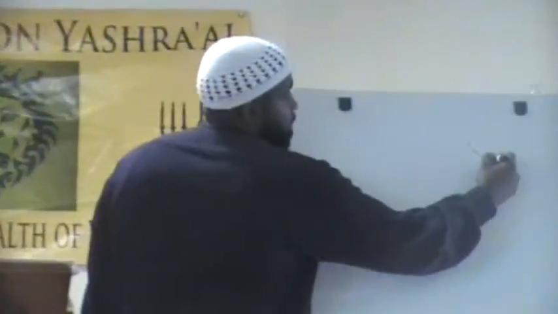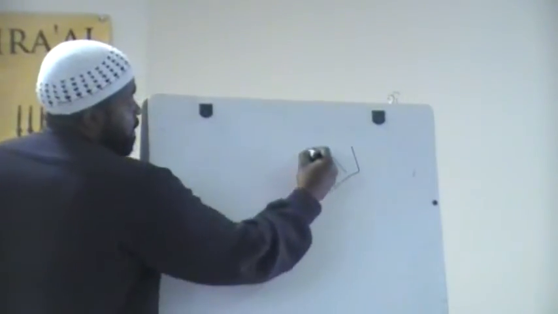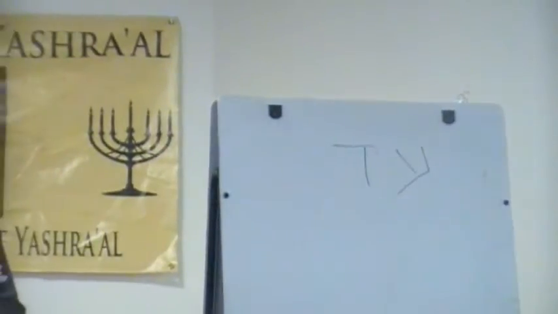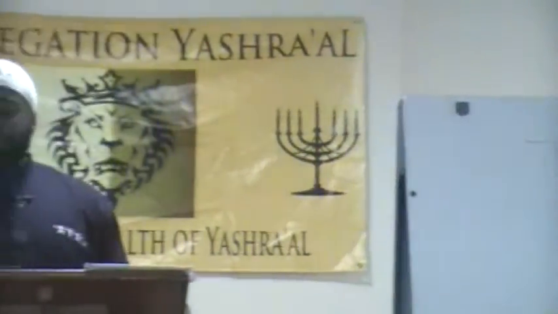So we have the ayin and the dalet. You see that those are capital letters? In the word Shema, the last letter is capitalized. Everybody sees that? But there are no capital letters in Hebrew.